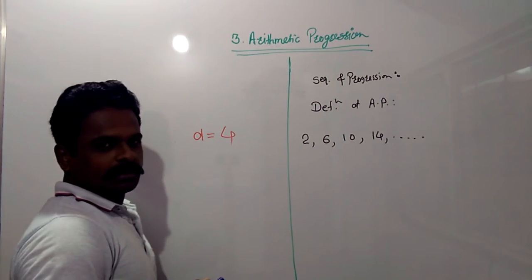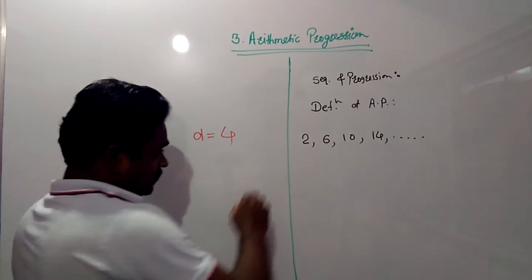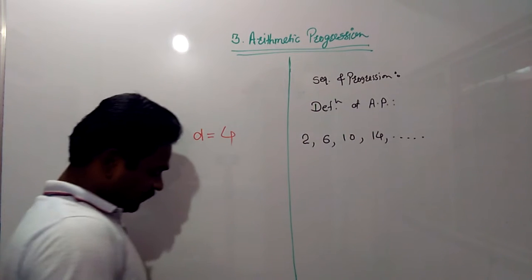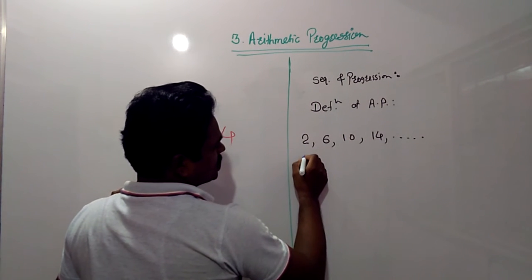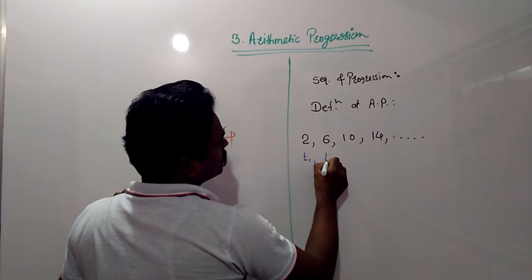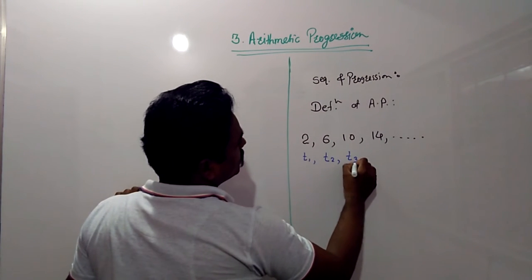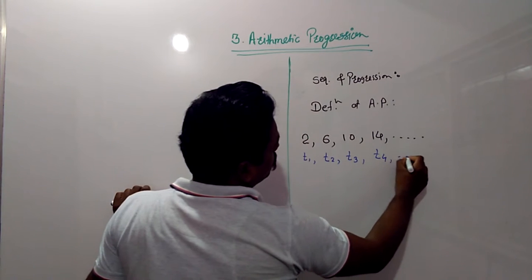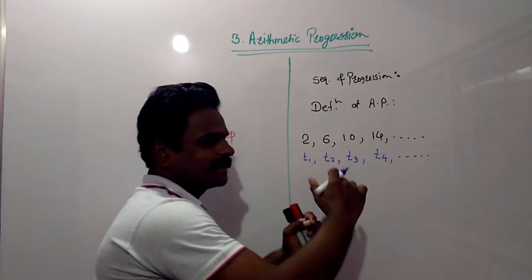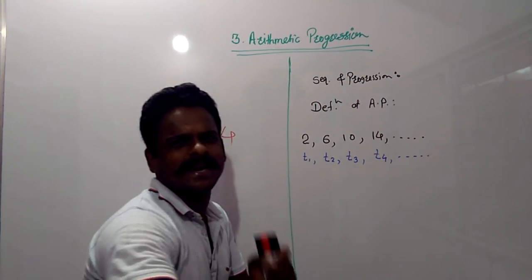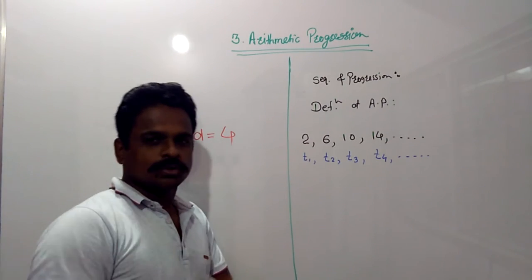Now see, the same sequence we can write in this manner: this is T1, T2, T3, T4, T5, T6, T7, T8, T9, T10 and so on.